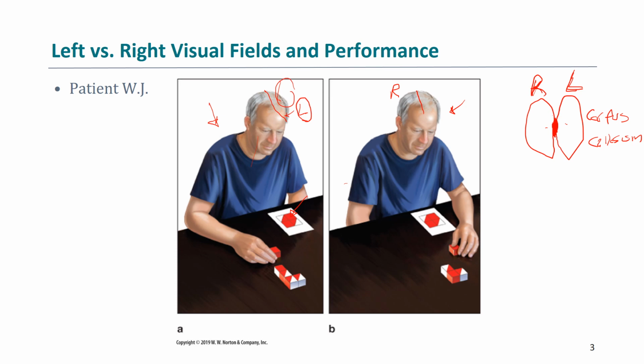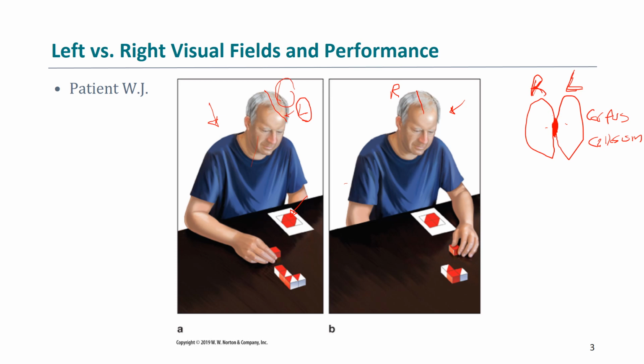Okay? So WJ, a former World War II paratrooper, began having seizures after a head injury. A German soldier hit him with the butt of a rifle in 1962. So Gazzaniga, the professor who wrote this book, ran an experiment wherein he asked WJ to press a button when he saw an image.